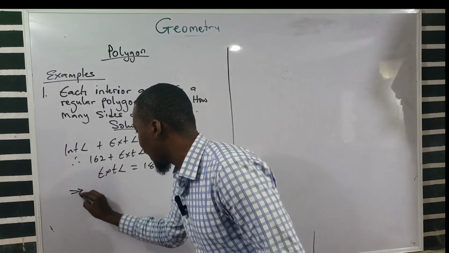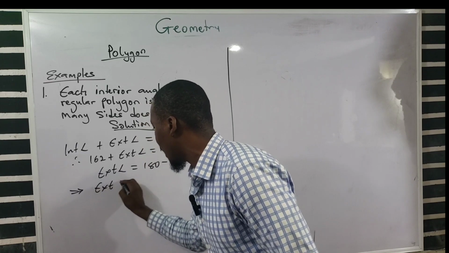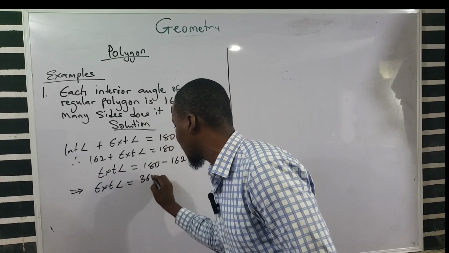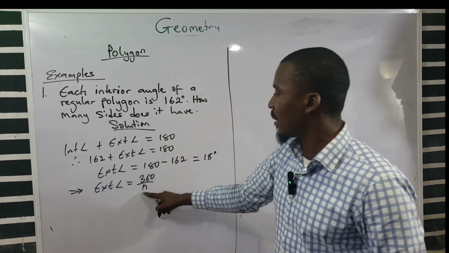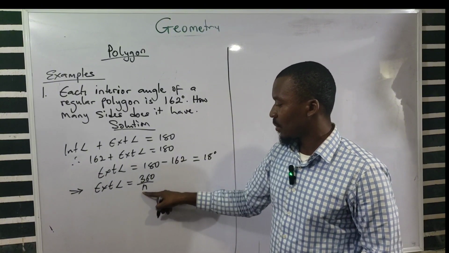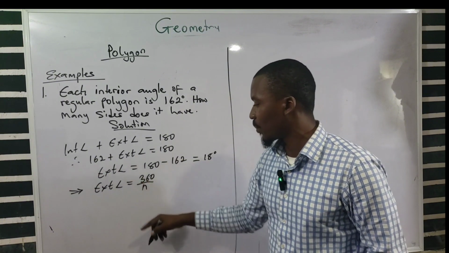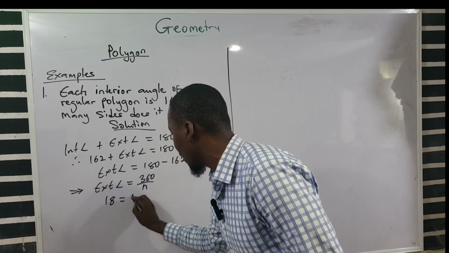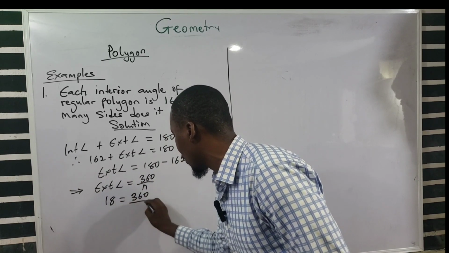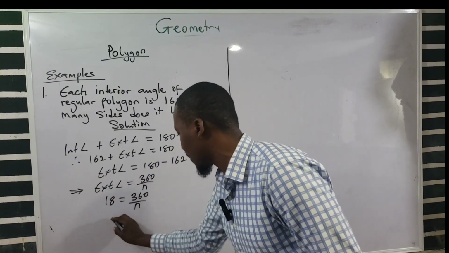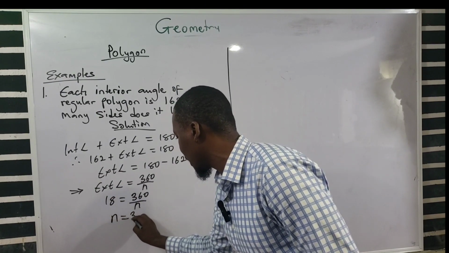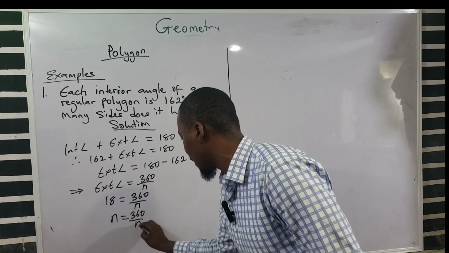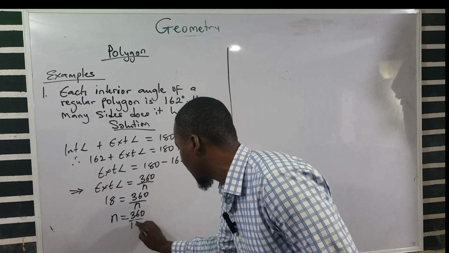So that implies that the exterior angle equals 360 over n, where n is the number of sides of the polygon. So you cross and multiply, or you fix your value first. That will give us 18 equals 360 degrees over n. So when you cross and multiply, n equals 360 over 18.